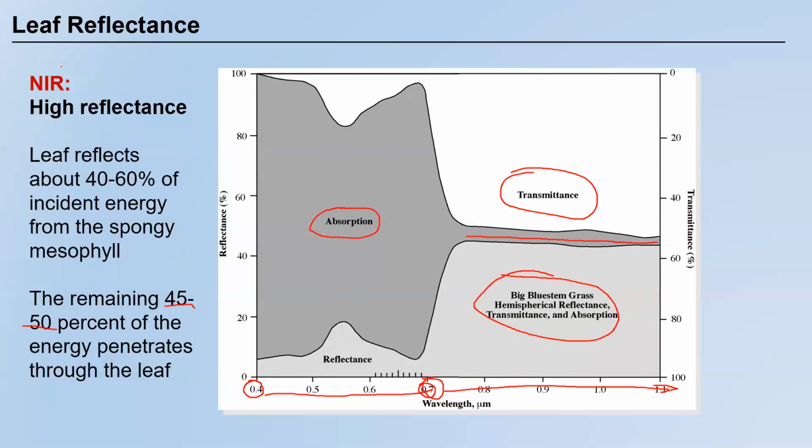When we're talking about near infrared, right here, the reflectance peak is very famous. It is the start of strong reflectance of vegetation.